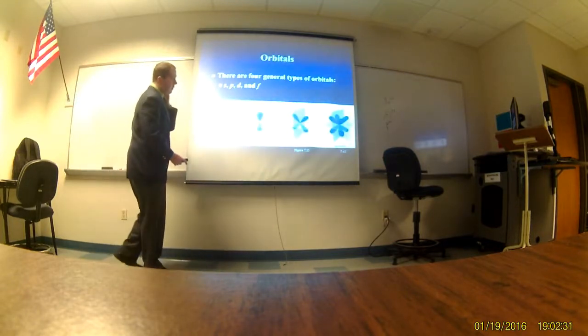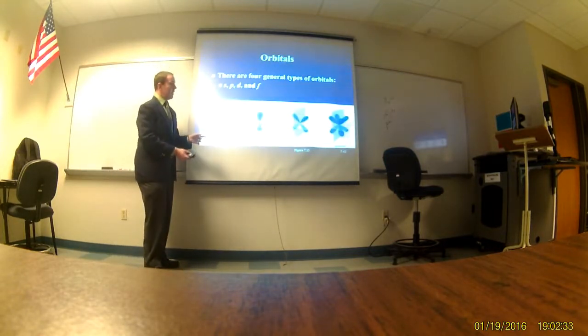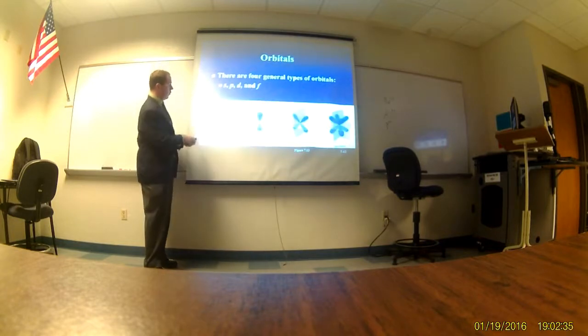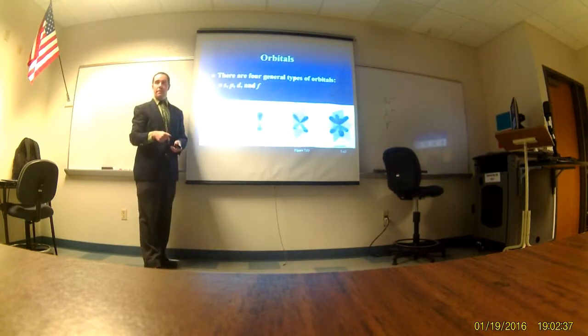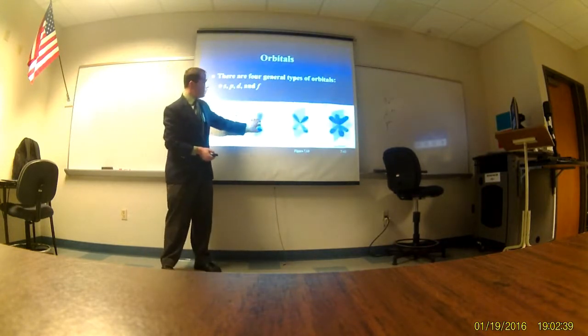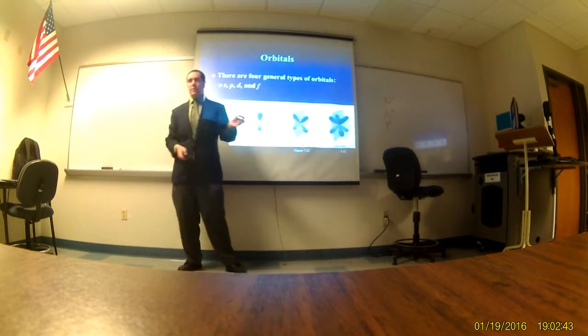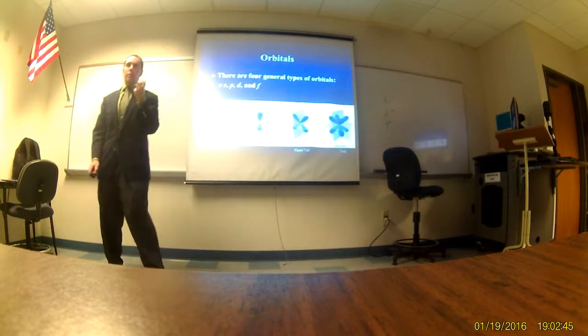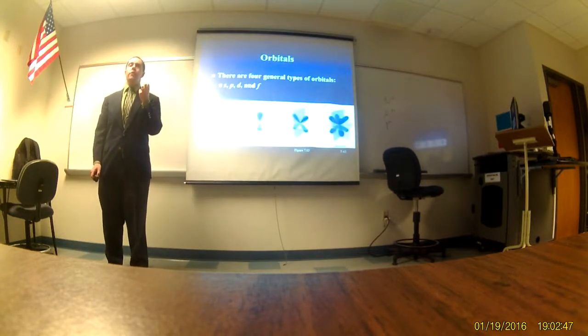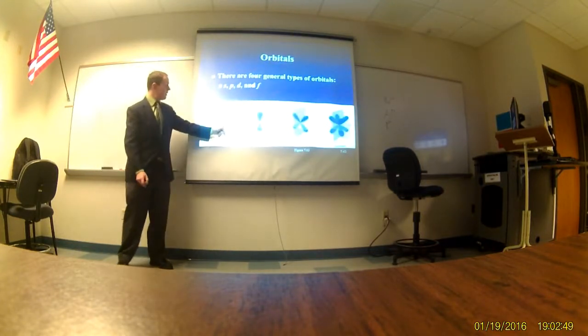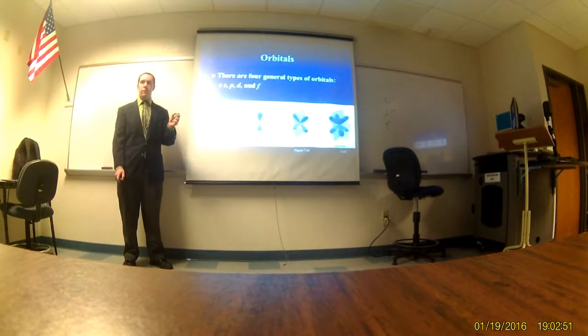What I want you to really look at here is, you see how this is just one sphere, right? And then this has 2 parts. And this has 4 parts, and that has 8 parts. If each part can hold 2 electrons, how many electrons can an s hold? 2.